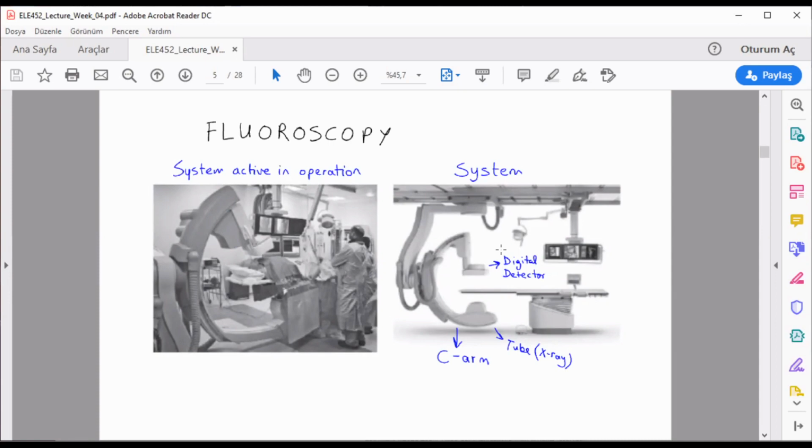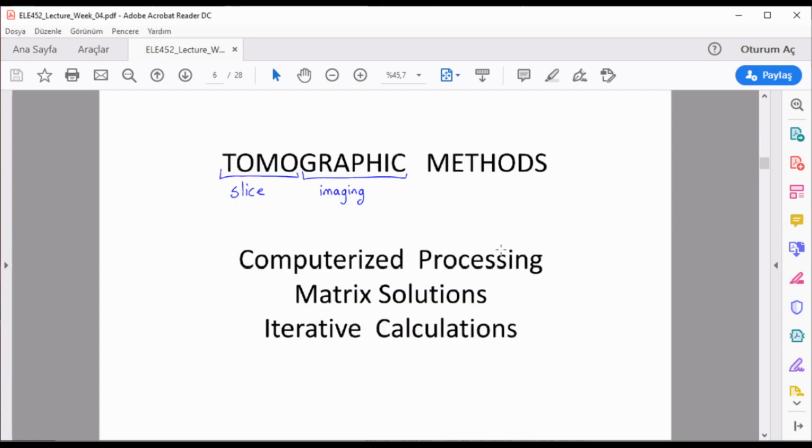You see the doctors on the right side of the photo, and on the left side there is a so-called C-arm, because the letter C is the shape of the arm. On the upper side there is a digital detector, and on the lower side there is an X-ray tube. This structure is called a C-arm. It can be rotated through many angles for suitable imaging needs.